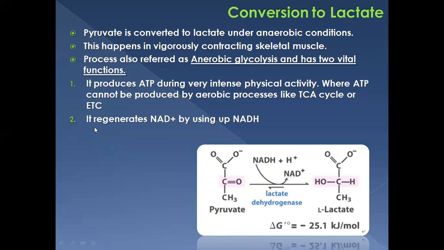As I said, it regenerates NAD+ by using up NADH, and second, it produces ATP during very intense physical activity where ATP cannot be produced by aerobic processes like the TCA cycle, that is your citric acid cycle, or the Krebs cycle, or ETC.